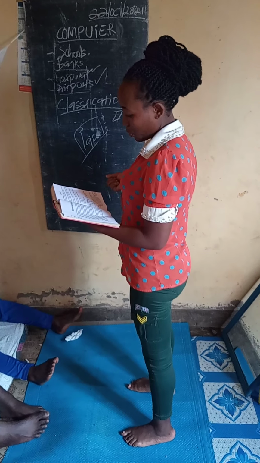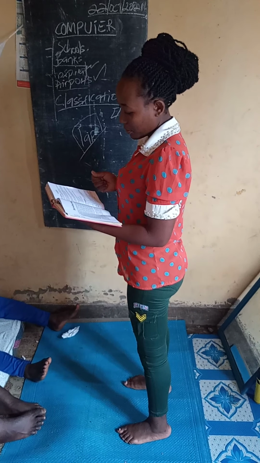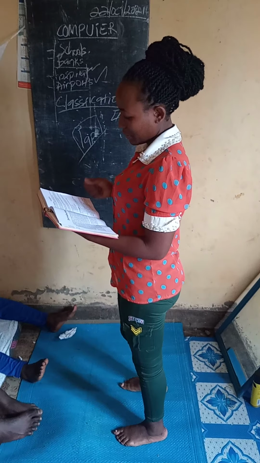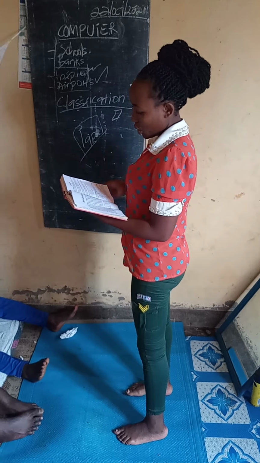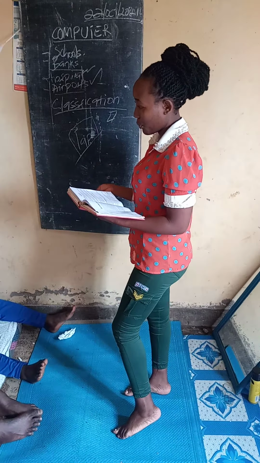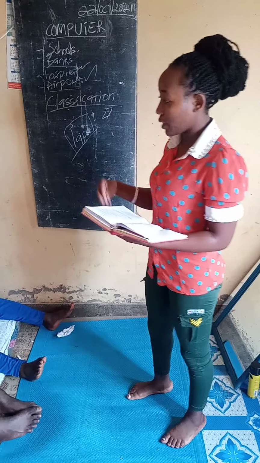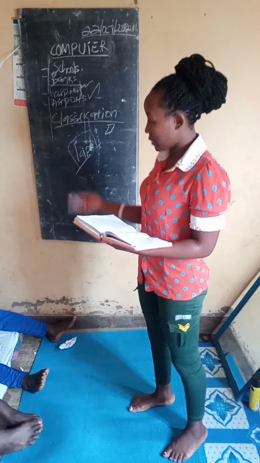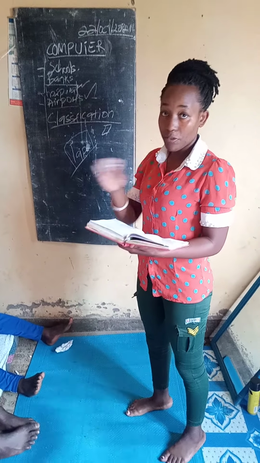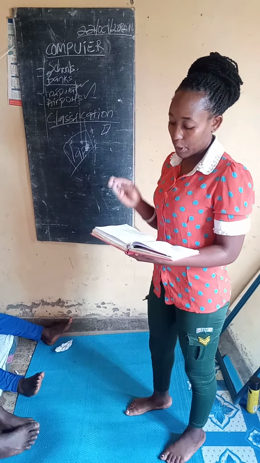Under the classification of computers, we have computers classified into various classes. These include classification by process, classification by purpose, classification by size, where they differ in different sizes, and classification by processing power.